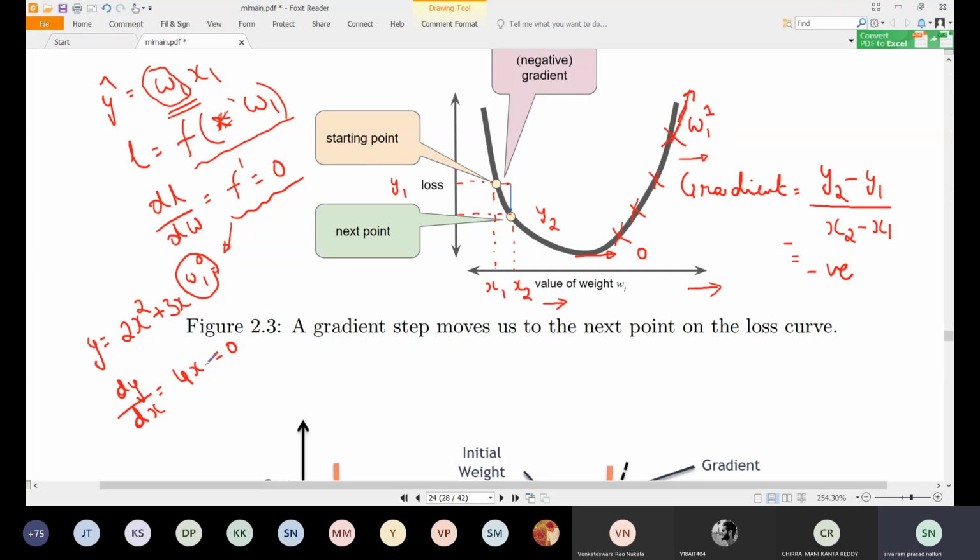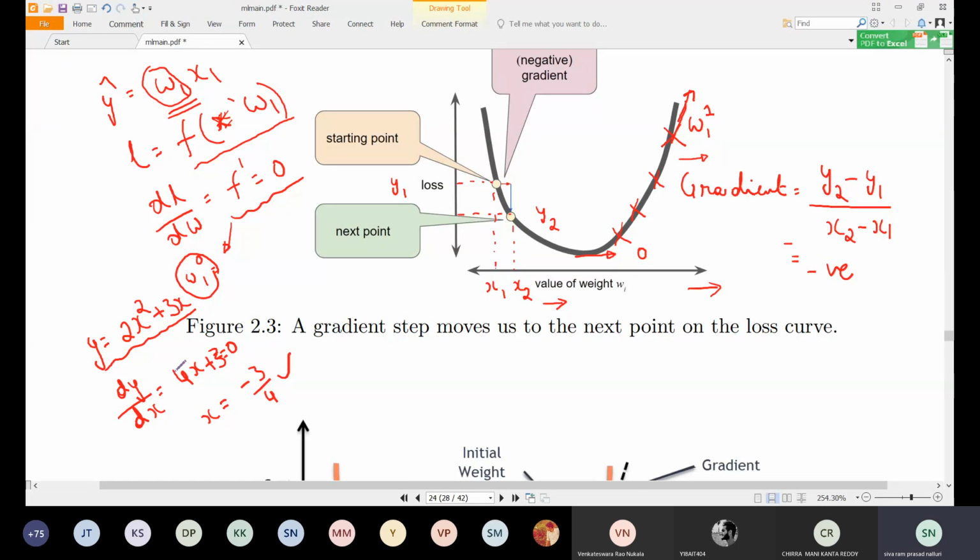If you differentiate that, you will get 4x plus 3. You equate this to 0. So what will be the value of x? x is equal to minus 3 by 4. So this is the value of x for which this is the least possible value.